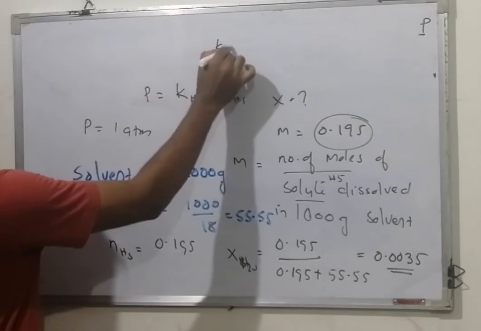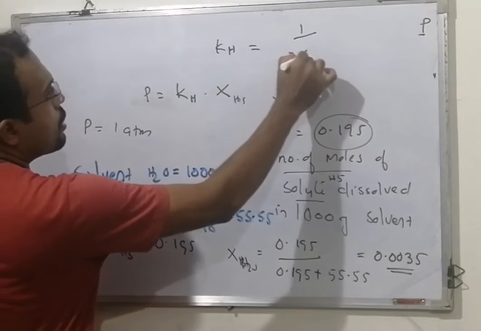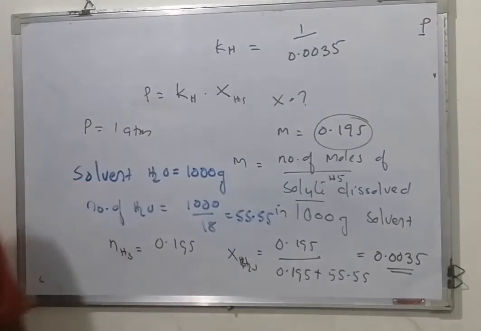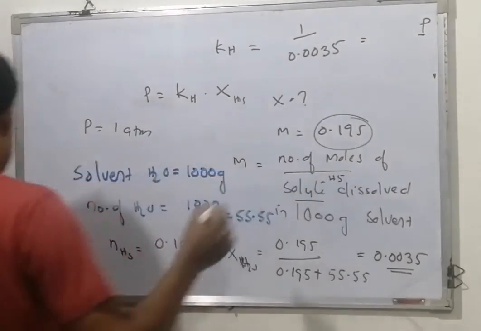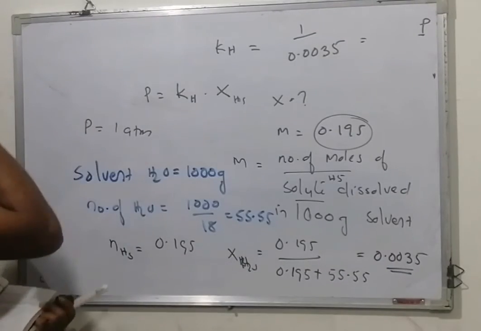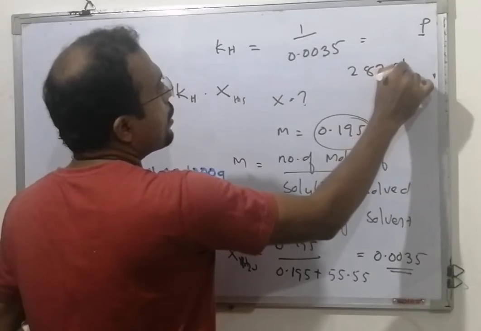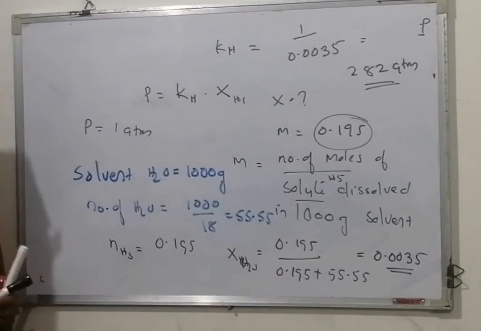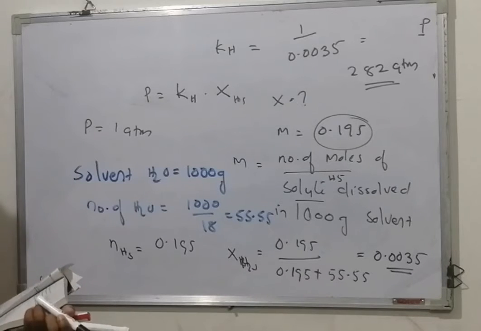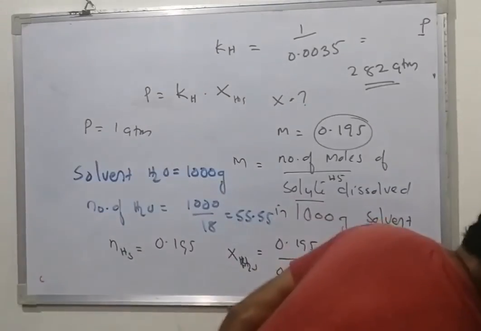KH is equal to P, 1, by 0.0035. It's almost 282 atm. I think this problem is okay. Now we can solve the next question.